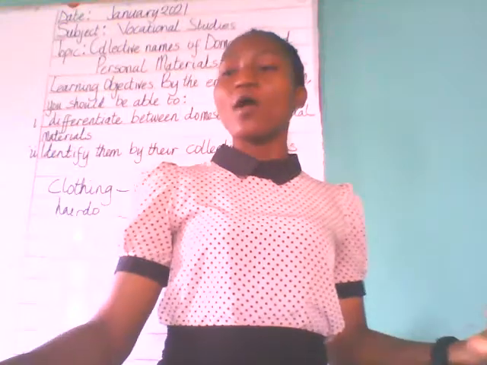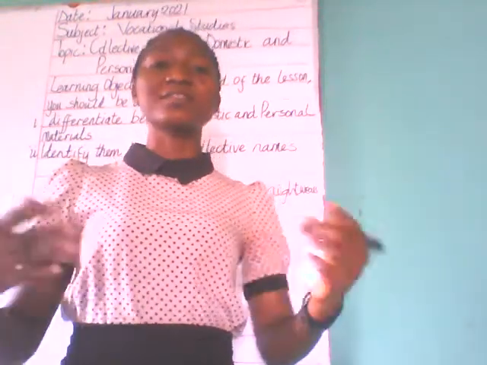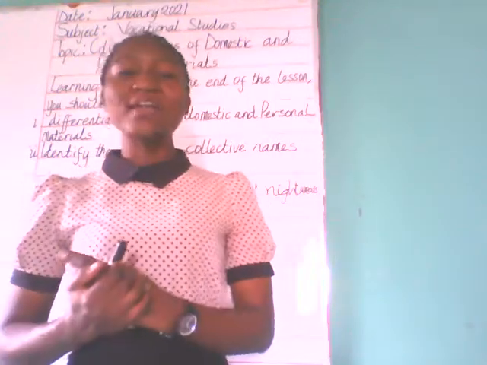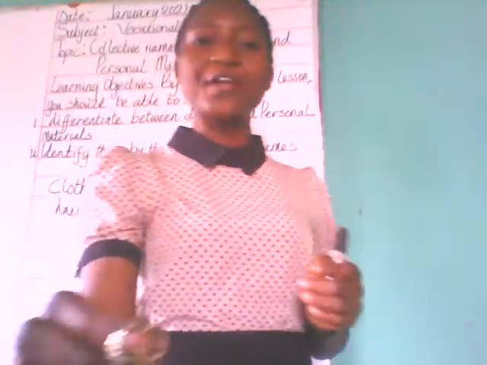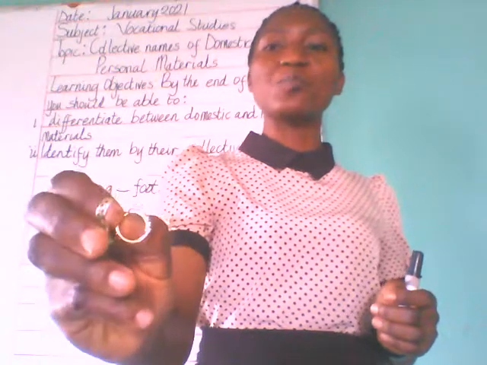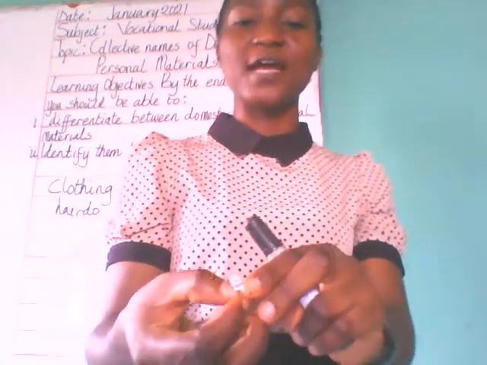The shoe is the one that covers your foot fully, while the sandals have an opening. We also have the slippers, and then for the jewelry, we have earrings and rings. The ring is the one we put on the fingers, while the earrings are for the ears.